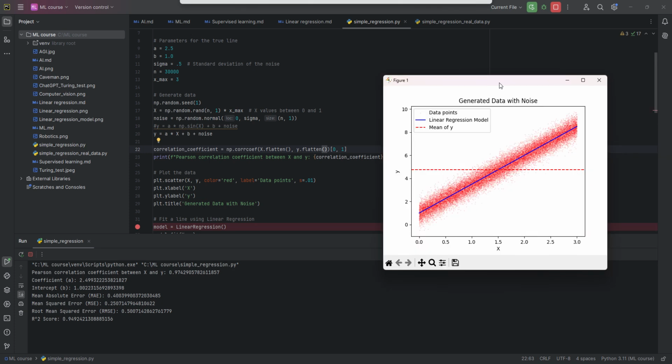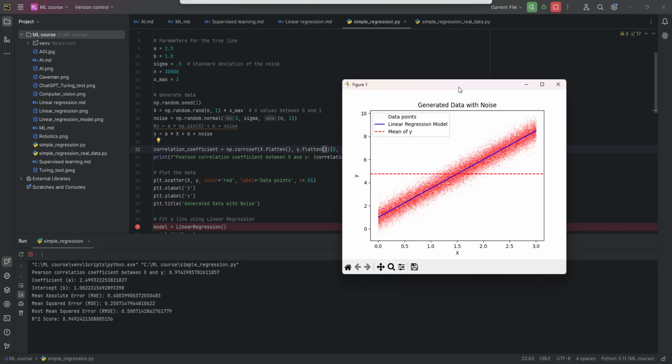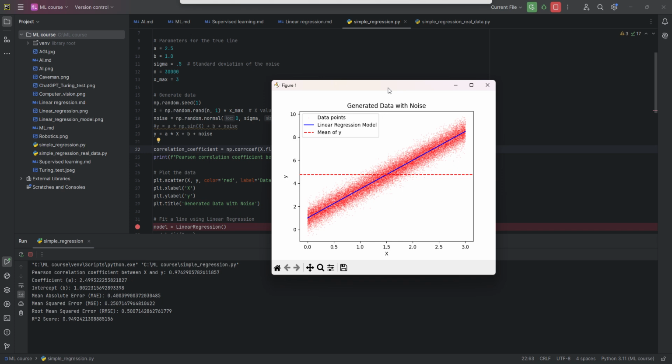So that was what we did before, and now, this was synthetic data, right? So we want to see, in a real data set, the data that is collected from the real world, how the data looks, and how a linear model may fit such data.